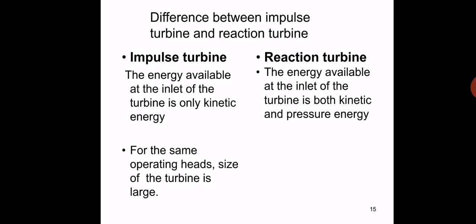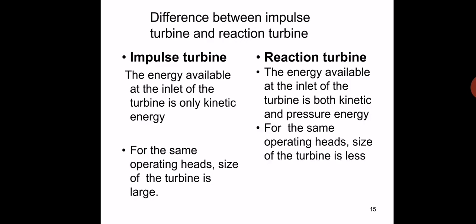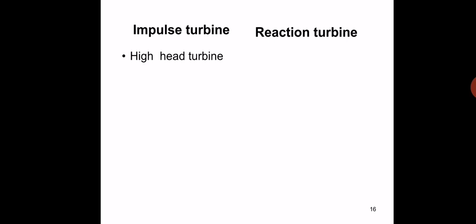Impulse turbines are large and used for higher heads, whereas reaction turbines are used for low or medium heads, and their size is smaller when compared with impulse turbines.